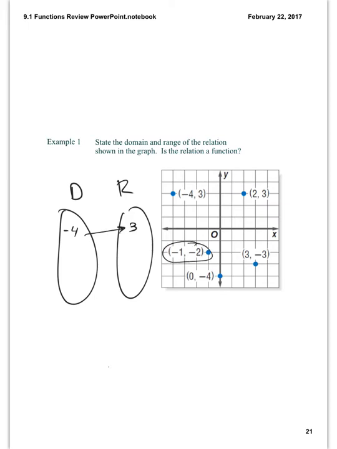I also know that -1 maps to -2, 0 maps to -4. Next up is 2 maps to 3, be careful. 2 maps to 3, which is already on there, and then 3 maps to -3.